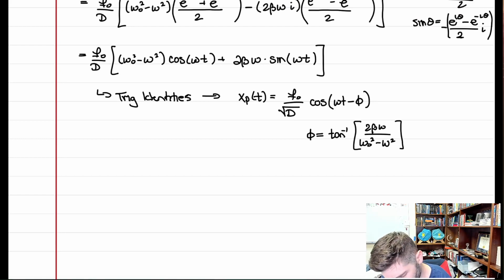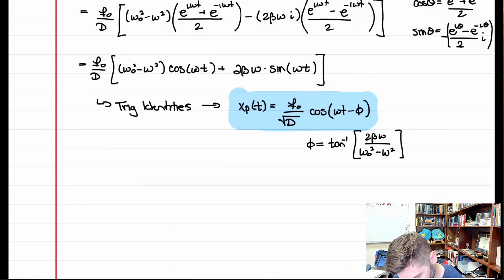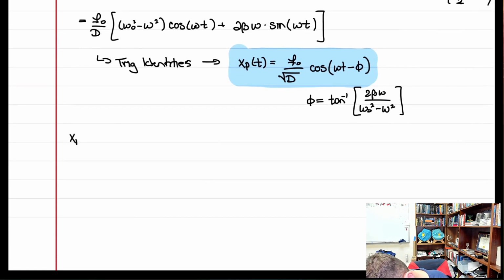But again, the takeaway is that we've succeeded at writing the particular solution as this thing I've highlighted in blue, with D being given by the highlight above. And that is a particular solution. And I think I'll just rewrite it for completeness.